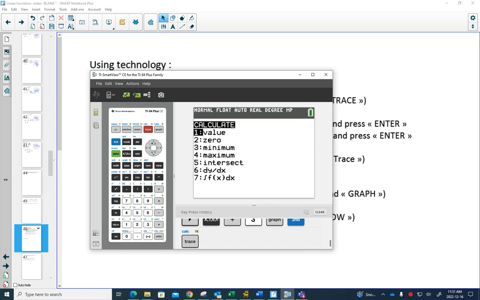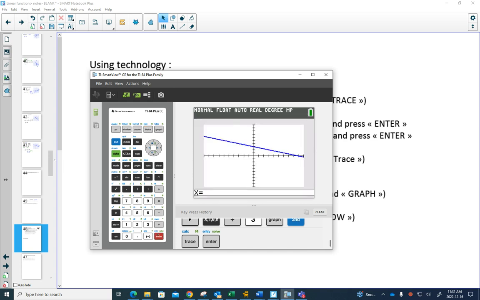One of the things it can calculate is a value. You push that and say, what one would you like to find? I want to find when x is 0. I push that. It tells me y is 3. I could have also done x is 1, and it tells me y is 8/3. So we can find all sorts of points, but we generally use value to find a y-intercept.